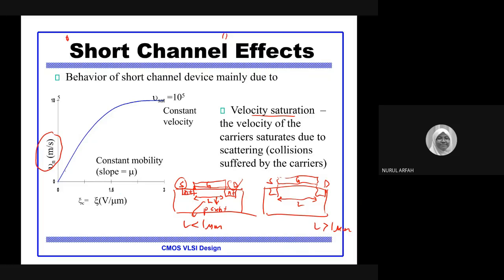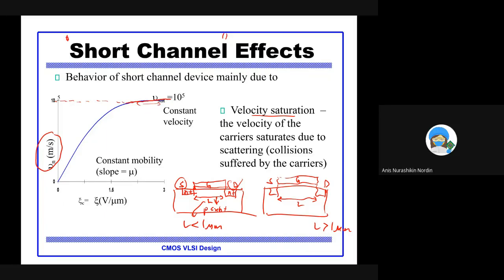As the electric field becomes higher, the velocity becomes saturated at this side. The saturation velocity is near 10 to the power of 5, and this becomes a constant velocity.